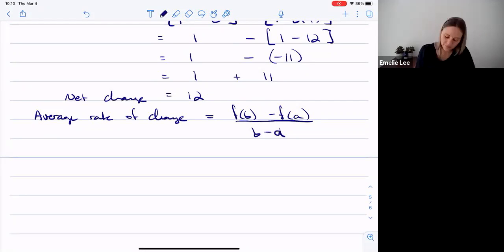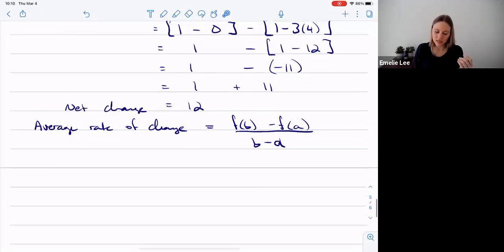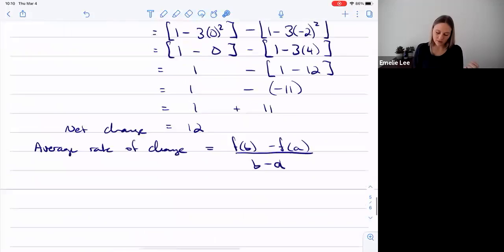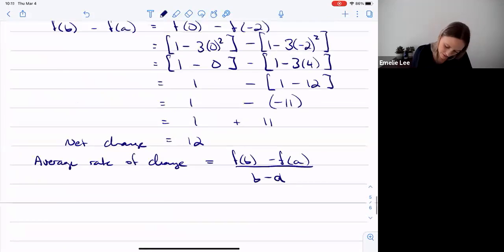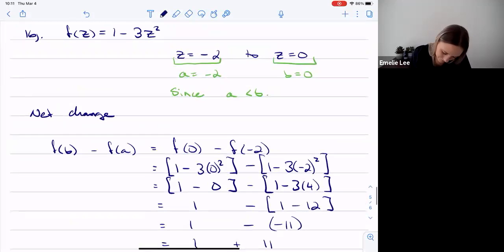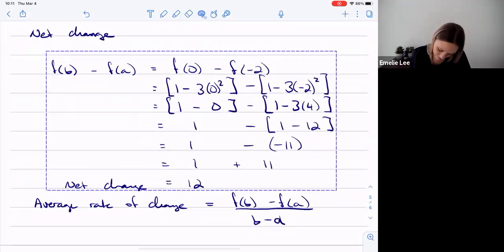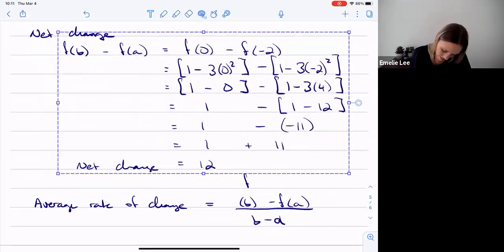Net change is 12. And I said b was going to be 0, and a is going to be negative 2. Okay. So the distance that I've gone is from negative 2 to 0, which would make a distance of 2. I'm going to bump this up just a line, because I can do that.